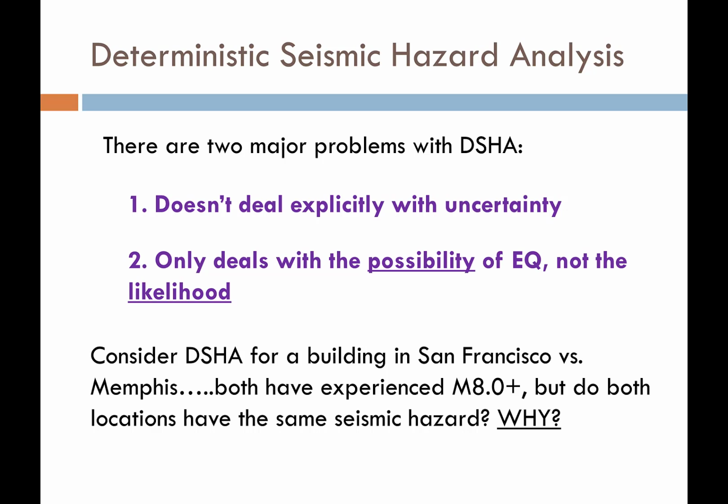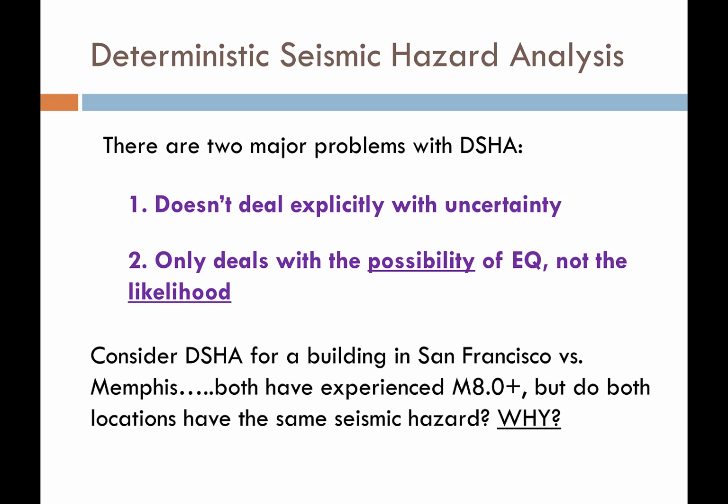New Madrid zone near Memphis has had 8.0 earthquakes in the past, and San Francisco, they've got numerous faults around them that could generate a magnitude 8.0, most famously the San Andreas fault. So with this type of approach then, if both locations are equally capable of experiencing a magnitude 8.0, then you would design buildings in both locations to have the same seismic resistance.